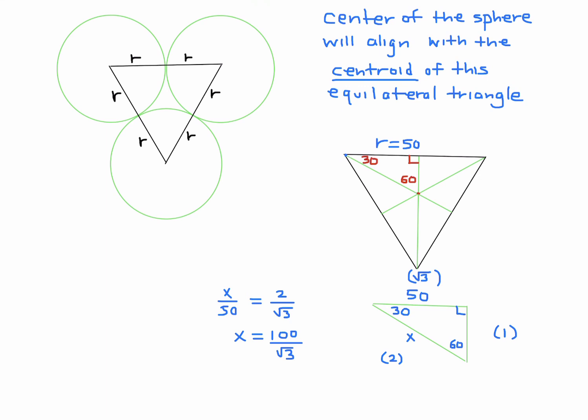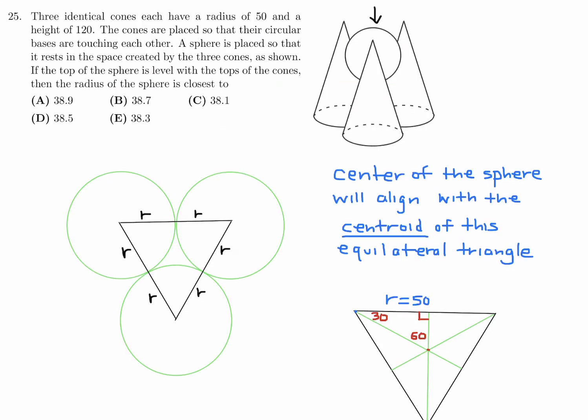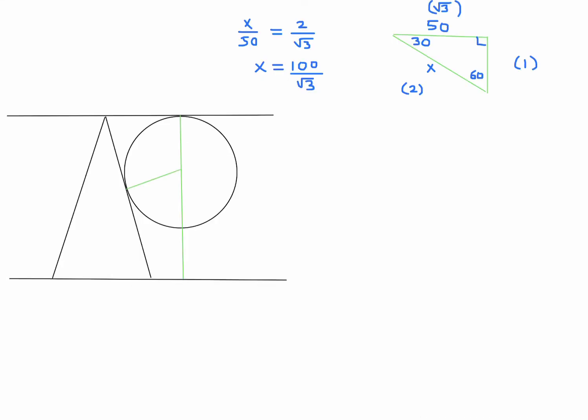So now I have to bring in the sphere. So far we've just been discussing the three cones, but remember there's a sphere that has been placed, and now we have to try to figure out the radius of that sphere. So this diagram shows you how that sphere has been placed. Now I have to draw it in 2D and try to figure out the radius of that sphere.